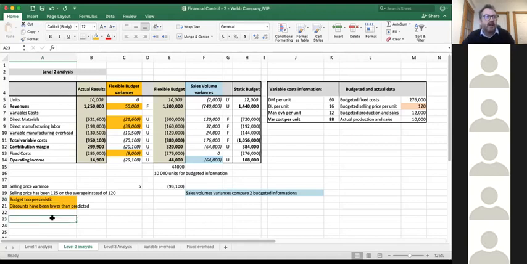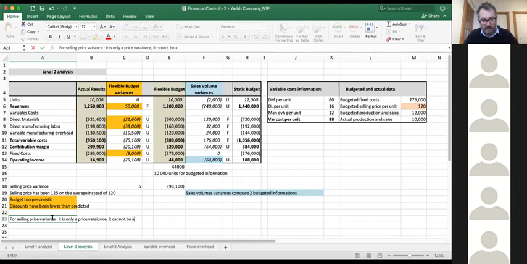Just to be clear, for selling price variance, sorry, it's going to sound a little bit strange, what I'm going to say. It's only a price variance. It cannot be a quantity variance, because both actual and flexible budget are based on 10,000 units.